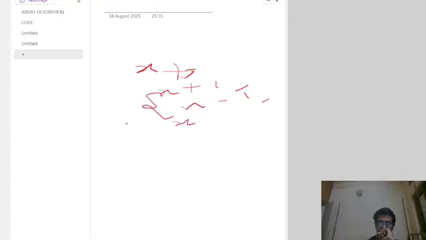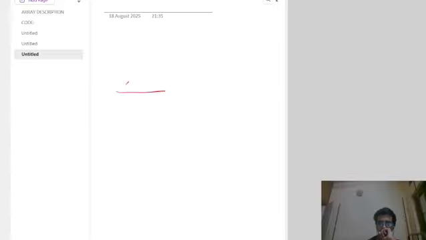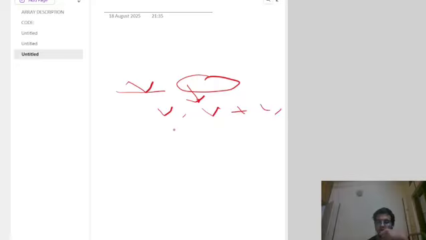So we have these three choices. Suppose at this position we have v. Then at the next position, we have three choices. Either we can have v only, so the difference will be 0. We can have v plus 1, then the difference will be plus 1, and we can have v minus 1. Again, the absolute difference will be 1.